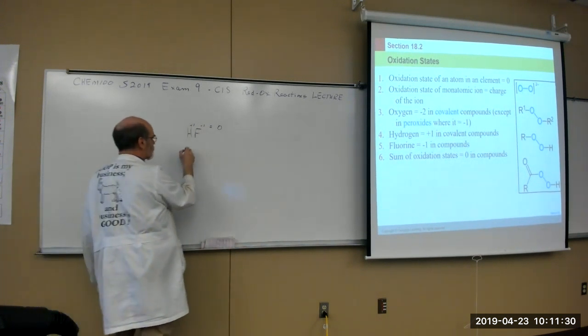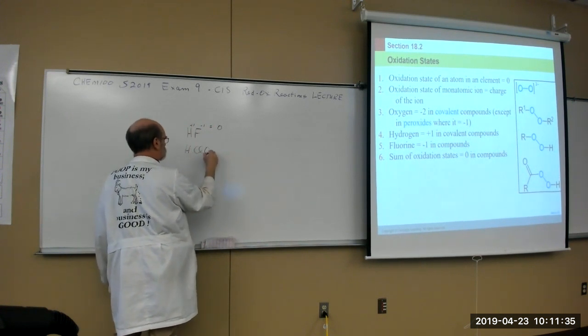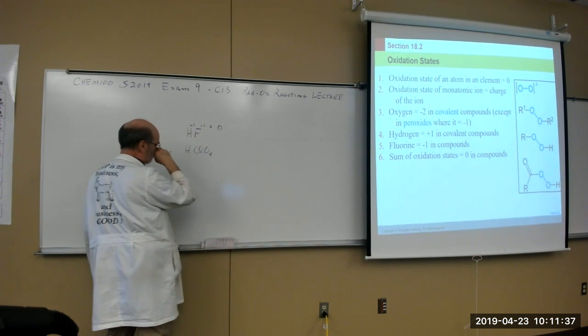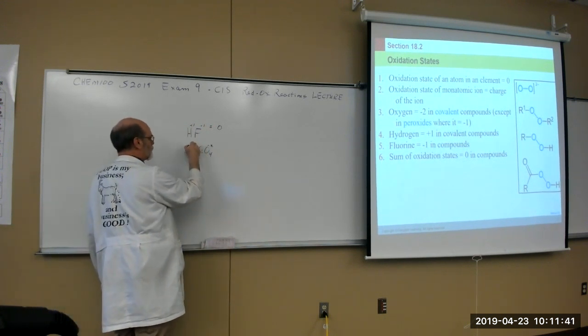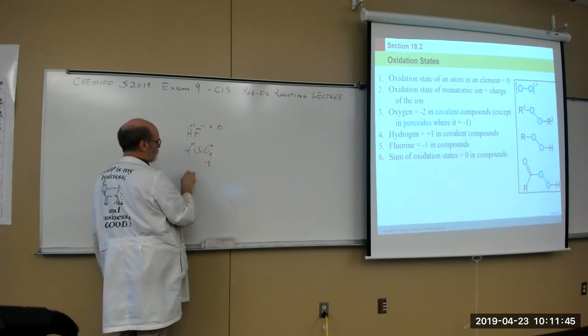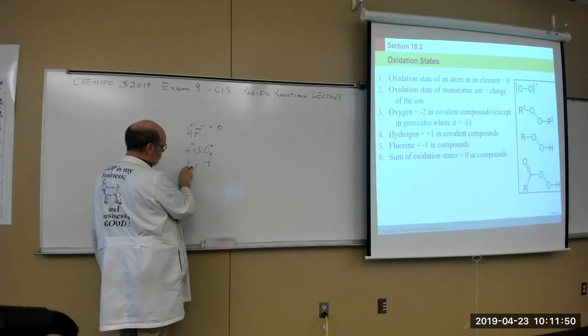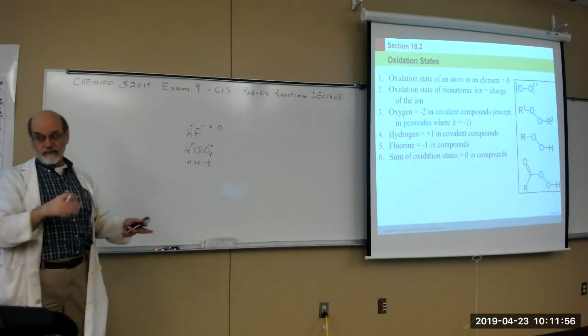So if we had something like perchloric acid, this would be a -2, this would be a +1, this would be a -8 total, this would be a +1 total. So this would have to be a +7. See, in that case, chlorine is not -1.